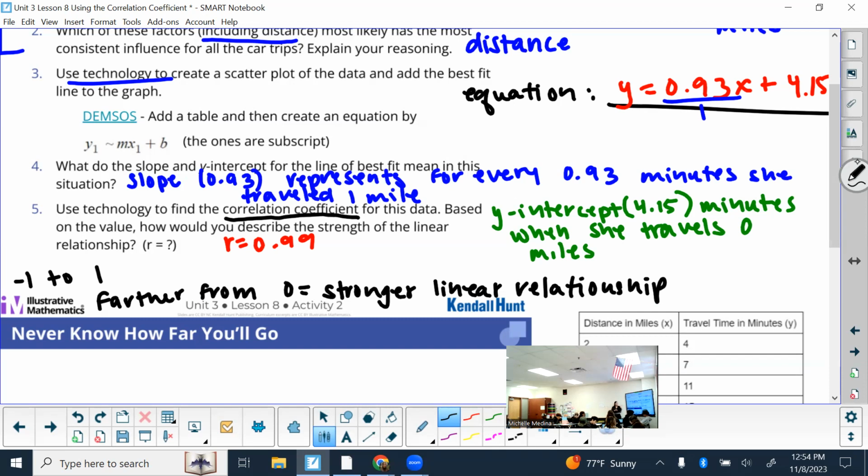So in that case, I'm also telling you that the farther that number is from 0, and remember our limits are -1 and +1, the stronger the relationship is between those variables. It gives it like a measurement. So not just me telling you, yeah, your travel time is affected by distance. It's me showing you with the value, this is how strong that relationship is. So if it's 0.99, do you think that relationship is strong or weak?